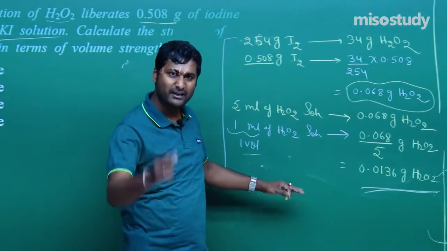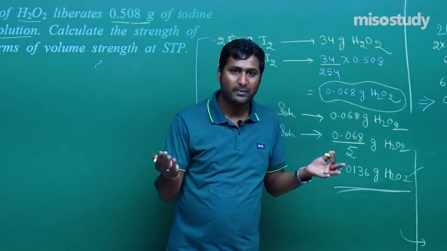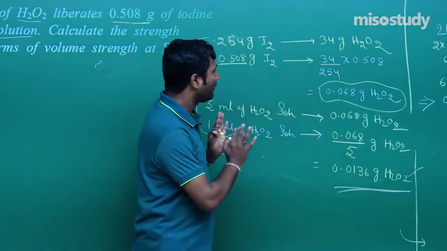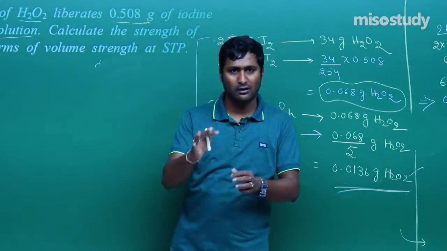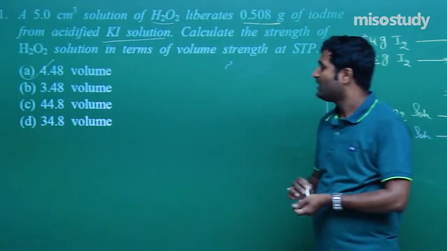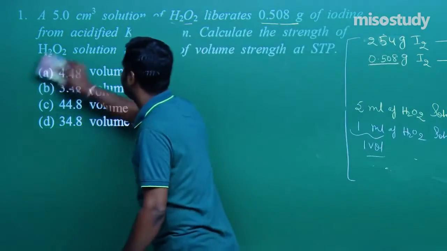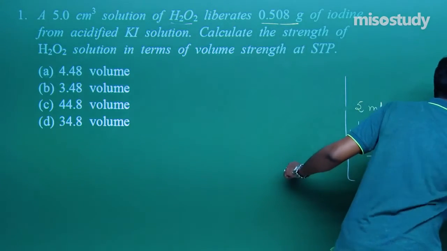Theoretically, we are correct. If there is any mistake in calculation, you have pen and paper, you can solve. But the process is completely right. I think we have done the complete calculation. Still, it's your turn, you can also check. So the answer is 4.48 volume. I'm going to rub this part, friend, and we'll discuss the next part of the question. Listen carefully.